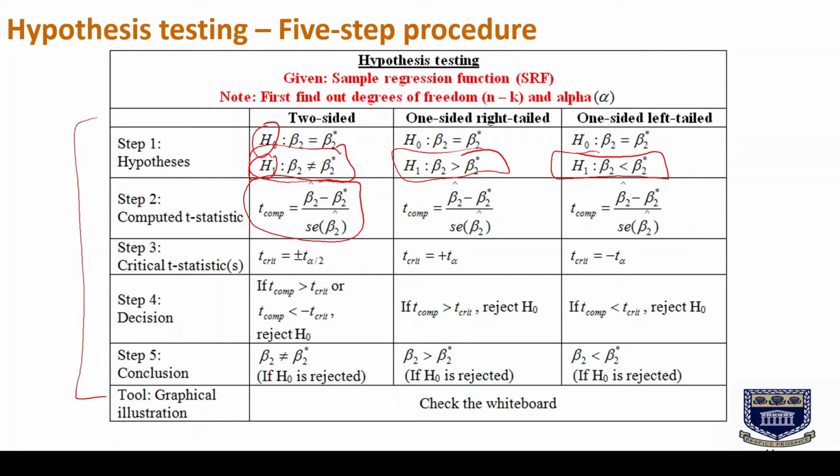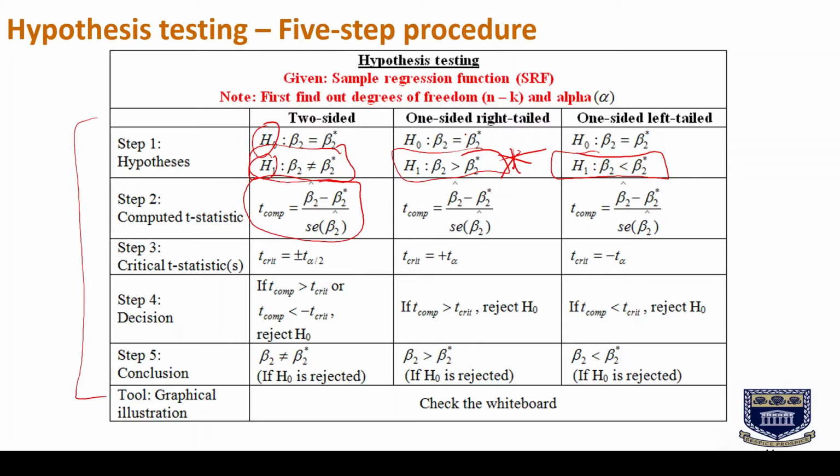For a right-tailed test, on the other hand, where you have a larger than sign between the true beta 2 and the hypothesized value for beta 2, you are much more interested in whether beta 2 might in fact be larger than the hypothesized value of beta 2. And in this case, this equality effectively means less than or equal to.